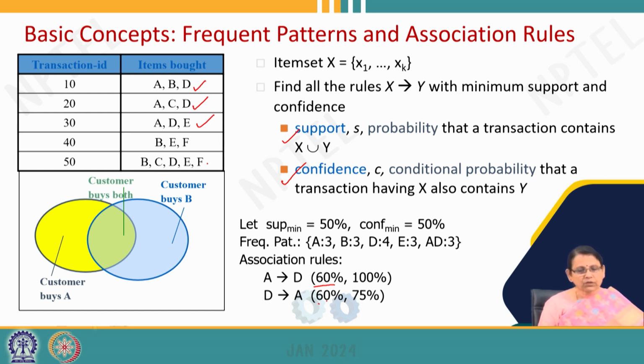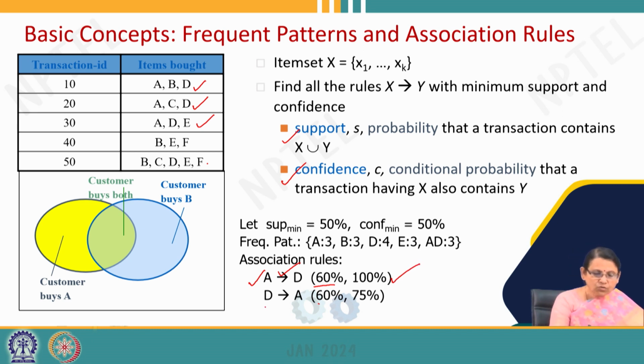Now, what about the confidence? It is the conditional probability that a transaction having X also contains Y. If I form the rule that if A is there, D is also there, true, whenever A is there, D is also there. So, my confidence is 100%.